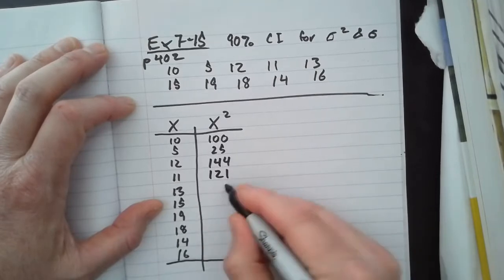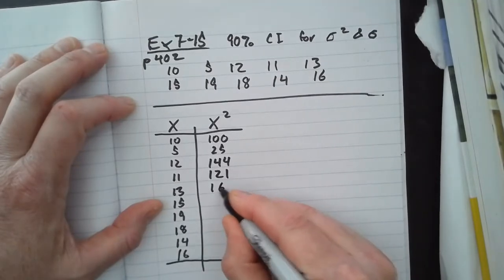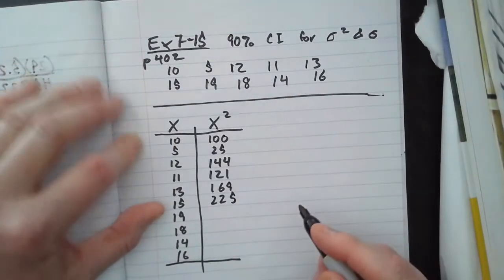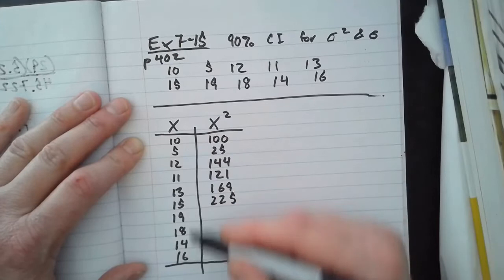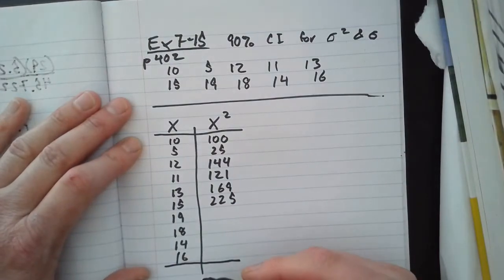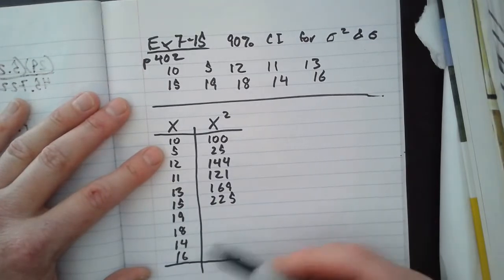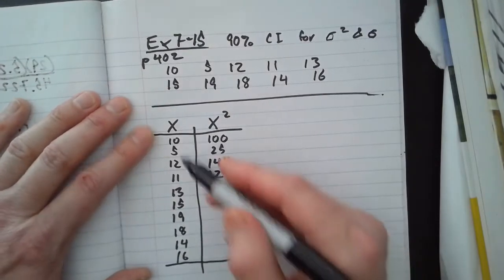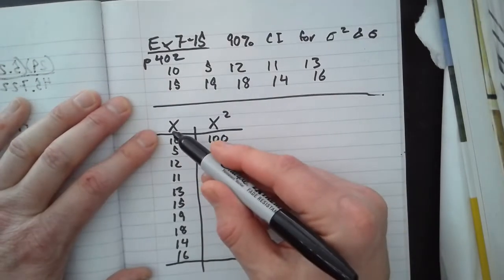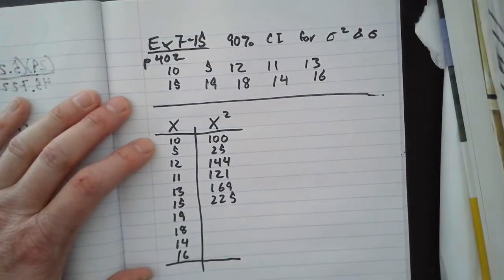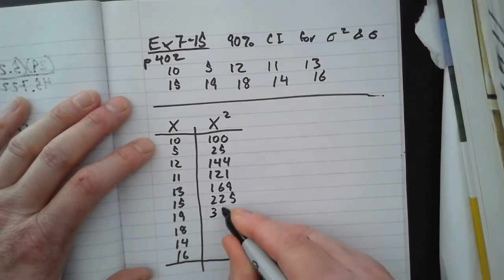So notice what I'm doing here is I wrote out all the data, and we don't need to average the data. We're not going to sum these up and divide by the total number. What I'm doing here is I'm taking x, and then next to it I'm creating another column for x squared.